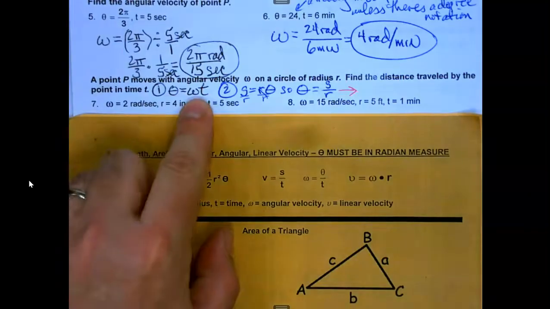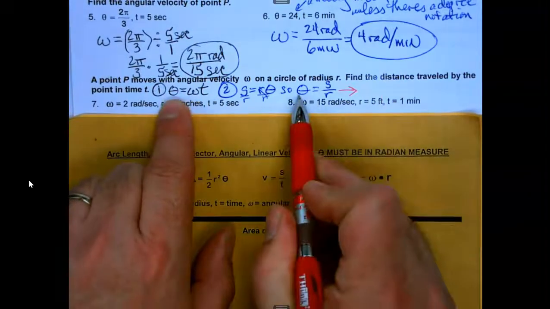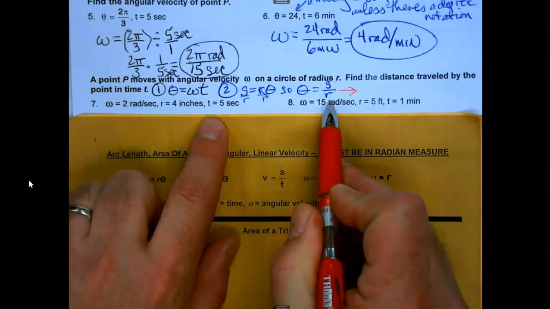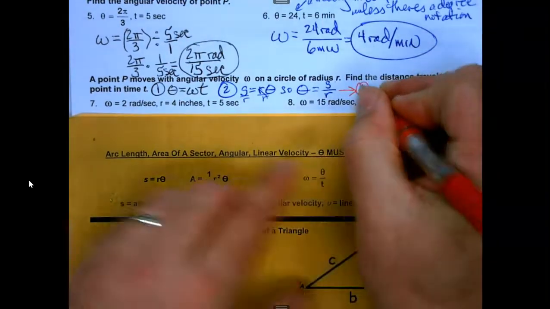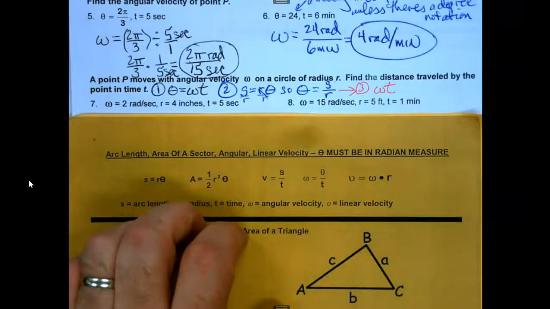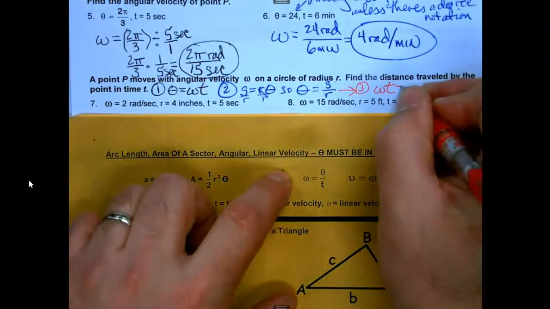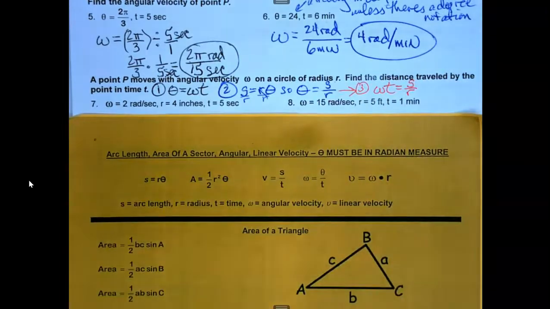So, if theta is angular velocity times time, but theta is also the distance divided by the radius, it would be true that angular velocity times time must equal the distance divided by the radius.